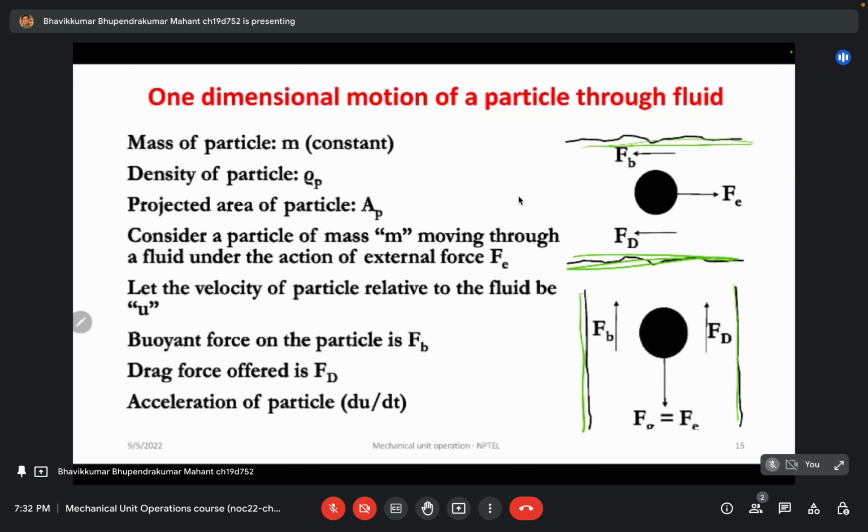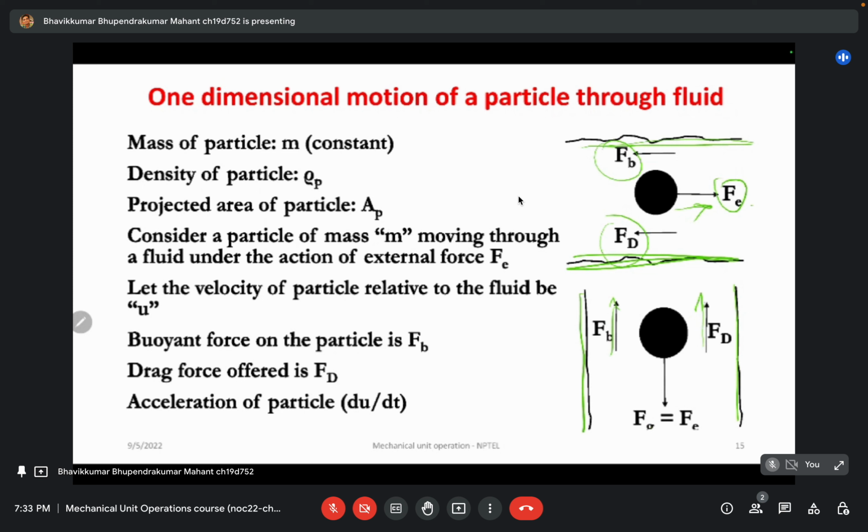If you consider the horizontal direction, then this is the flow direction, and this is the buoyancy force as well as the drag force, which is in the opposite direction. And at the same time, here is the gravitational force, acceleration force, and buoyancy force and drag force are in the opposite direction. Projected area is AP. So any external force you can consider. In the vertical case, it's the gravitational force.